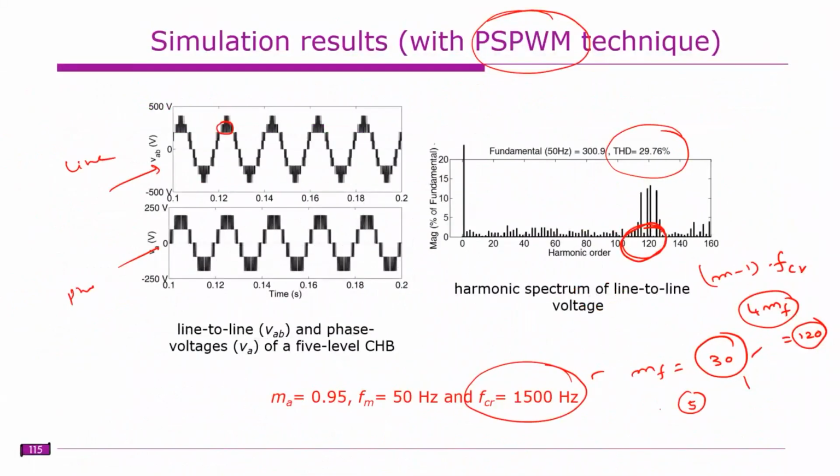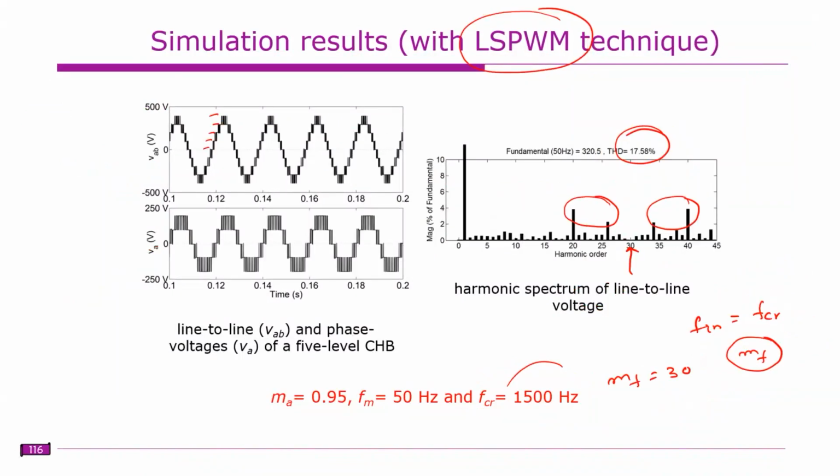So here the harmonics are moved to the higher order side. But you can notice that this harmonic has a magnitude somewhere around 12.5, and the highest one is somewhere around 15%.